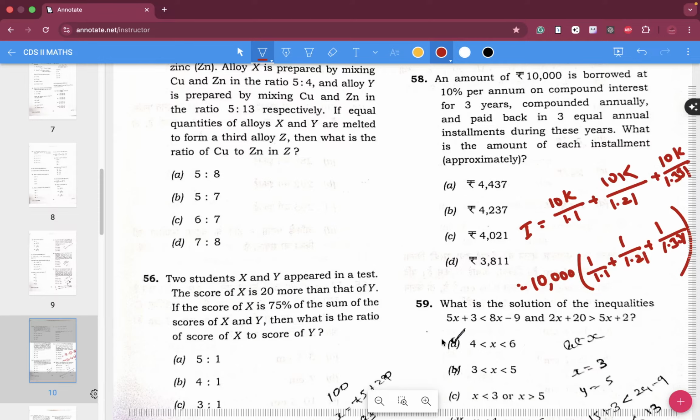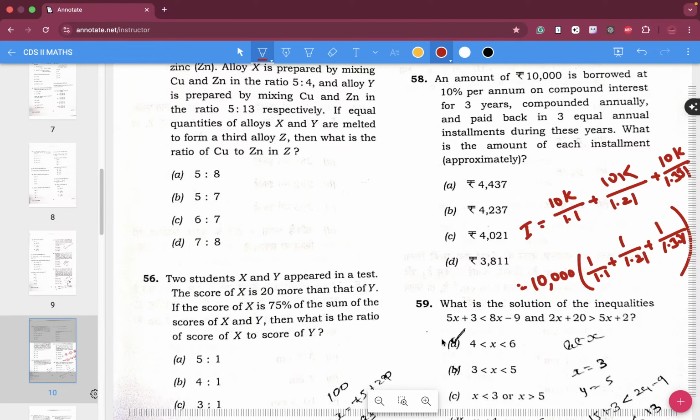So what we will do instead: 1 divided by 1.1, then plus 1 divided by 1.21.